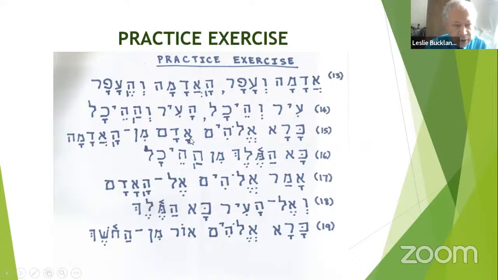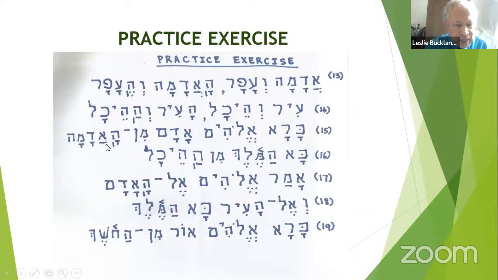Or I should say, you have the same vowel here. You have kames and kames. The reason why you don't have kames here is because the person who is reading is hurrying to emphasize the last syllable.